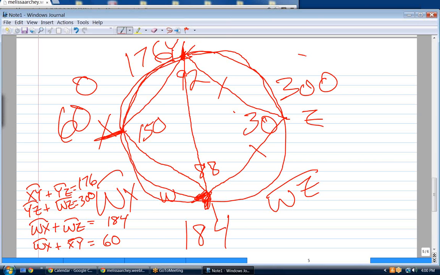The next one, YZ plus WZ, based on this 150-degree angle, so that we know that's 300. Okay. Using the same logic for the other two equations, I now have 4 variables and 4 equations.